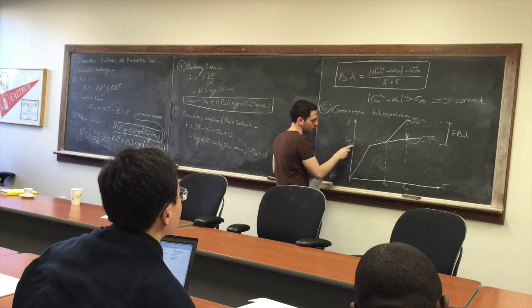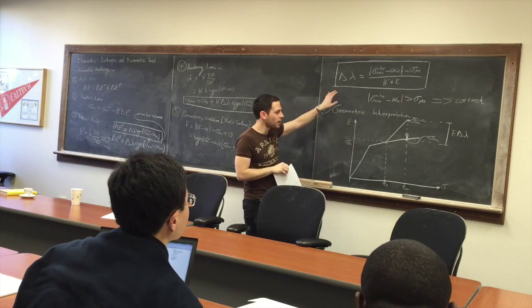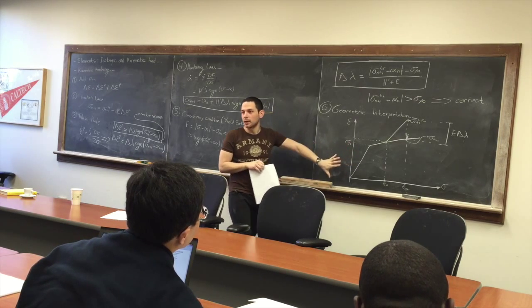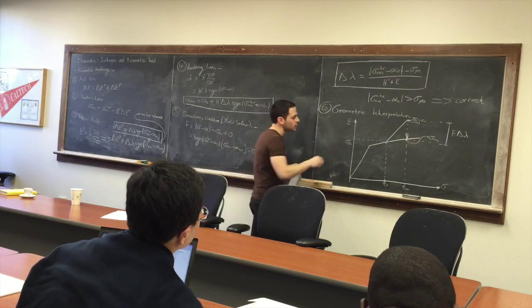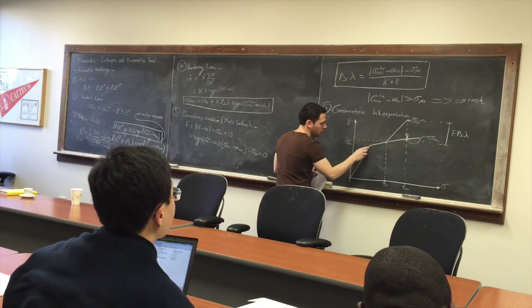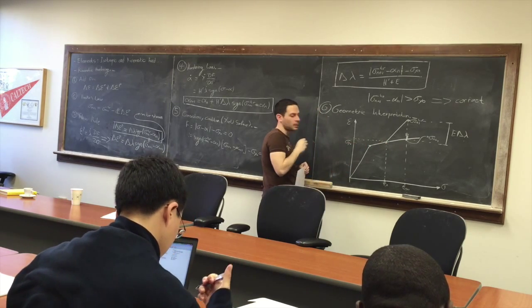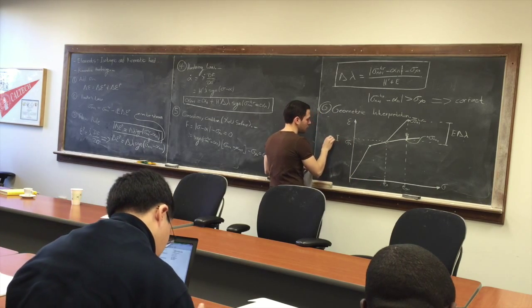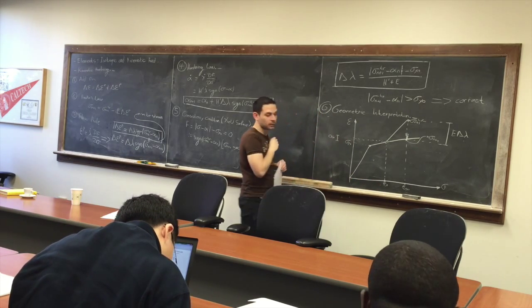Here, since this is kinematic hardening, we have to remain with the same original elastic region. So if we move from this point to that point here, this is going to be alpha, right?